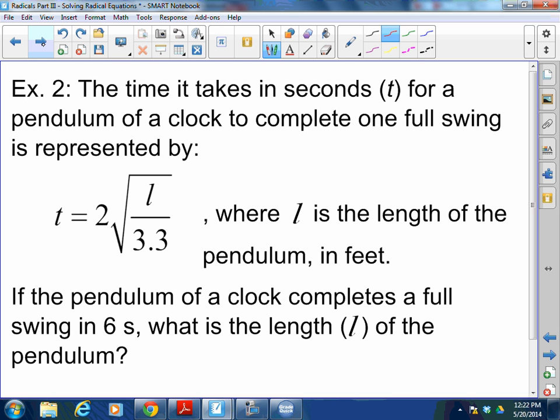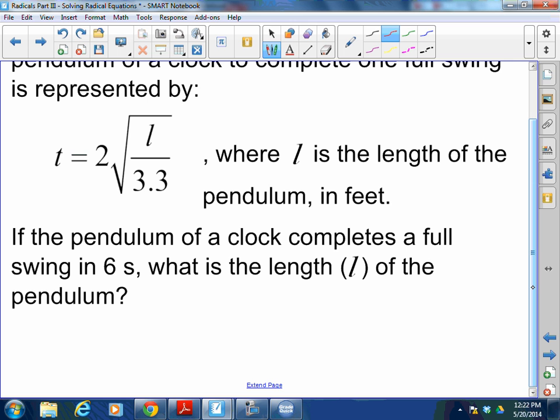Okay, if the pendulum of a clock completes a full swing in 6 seconds, what is the length L of the pendulum? My friends, literally just plug it in and solve.